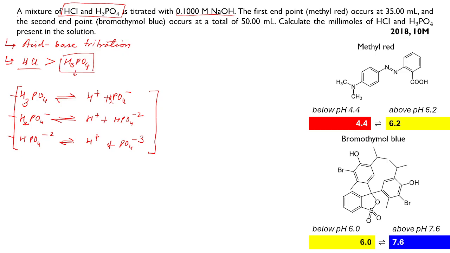Now let's read another part of the question. The first endpoint, methyl red, occurs at 35 ml. Now what is the meaning of this first endpoint?